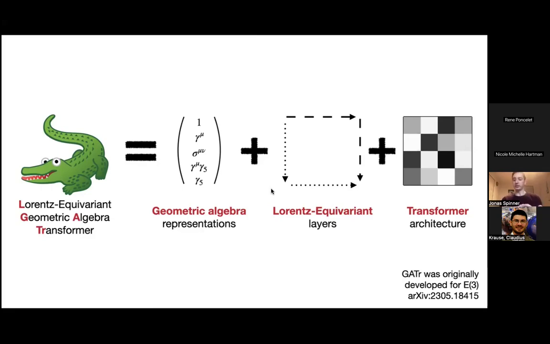We then put these layers together in a transformer architecture that has all the nice scaling benefits that we know from, for instance, the very successful language models that are very popular these days. This architecture is now for the Lorentz group, but it was originally developed for E3, the symmetry group of rotations and translations in 3 dimensions. We then joined forces with the author of that paper to apply this to high energy physics.